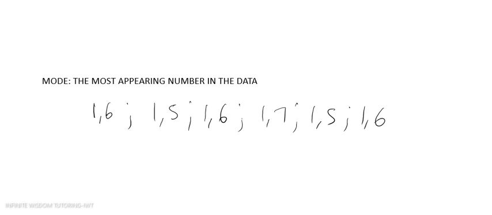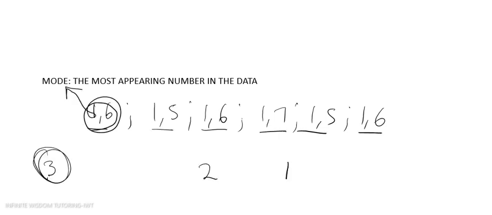We check that 1.6 meters appears 3 times, whereas 1.5 meters appears only twice, and 1.7 meters appears once. It means the one that appears 3 times is our most appearing value, and it is the mode. So our mode will be 1.6.